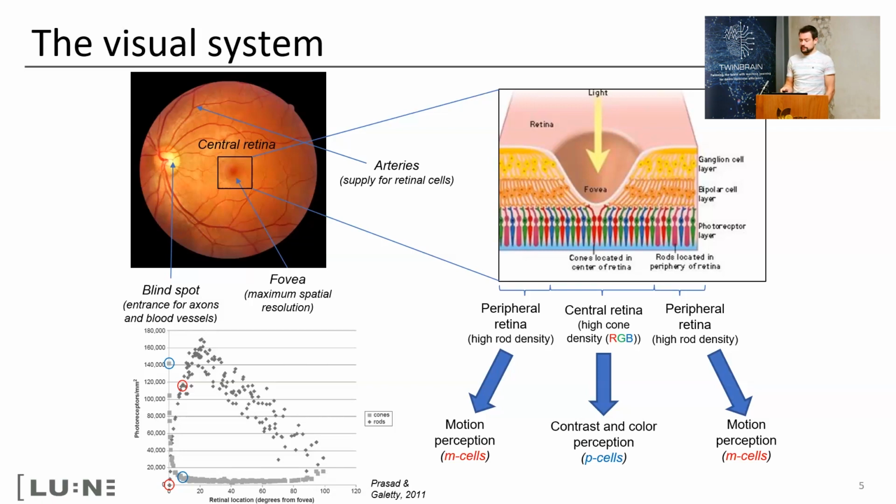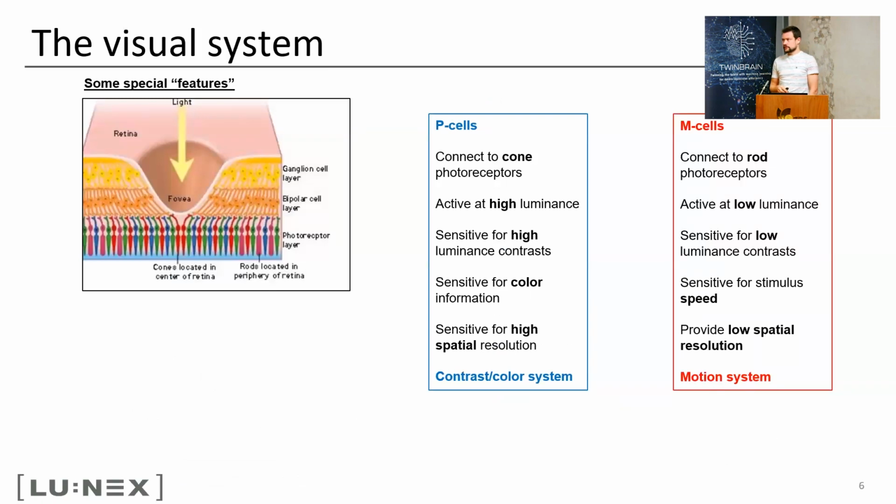Just to summarize the characteristics of the P cells and the M cells. In terms of when these cells are active, we start with the P cells, which are connected to the cone photoreceptors. So we have the rods and the cones. The rods, these are the M cells, the cones, these are the P cells. When are P cells active?